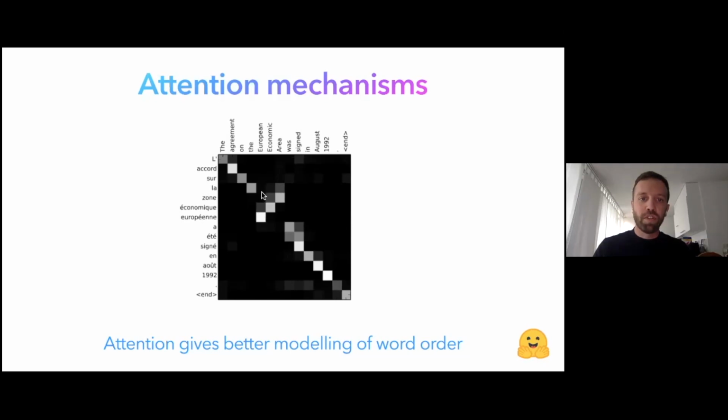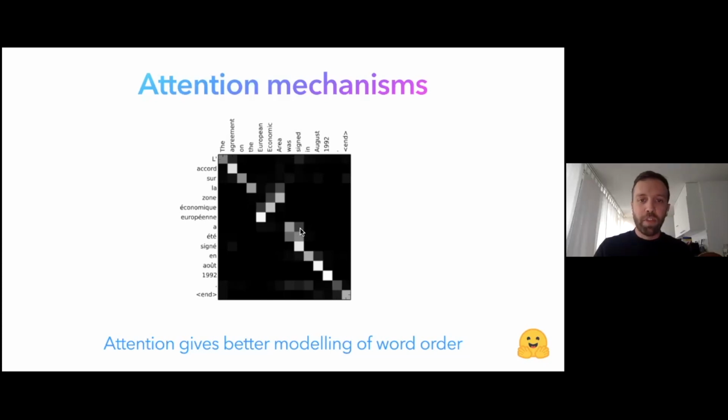The model knows that when translating the word after "la", which is "zone", it shouldn't look at the same position, which would be "European", but it should look at "area", which is the word translated to English. So it knows where to look when it needs to translate the scrambled word order.